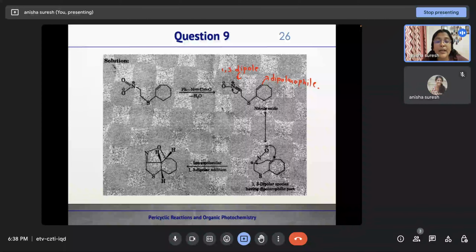An intramolecular 1,3 dipolar cycloaddition reaction will be taking place, leading to formation of a 5-membered ring here. Oxygen will attack at this position, and this double bond will go and attack on this carbon, neutralizing this positive charge, leading to formation of this 5-membered cycle. So here a two-ring formation will be taking place since it is an intramolecular cycloaddition reaction. Is this clear?